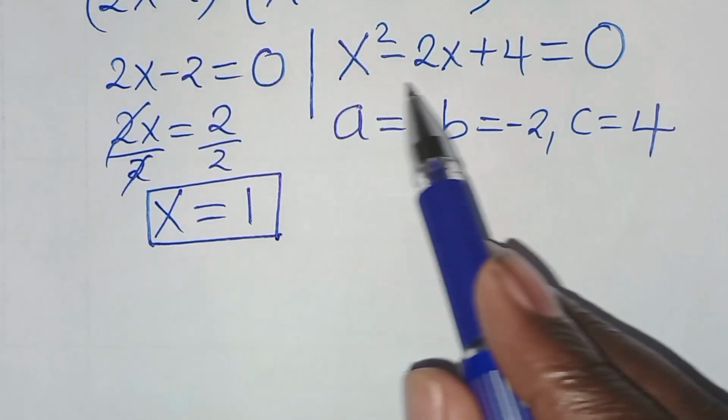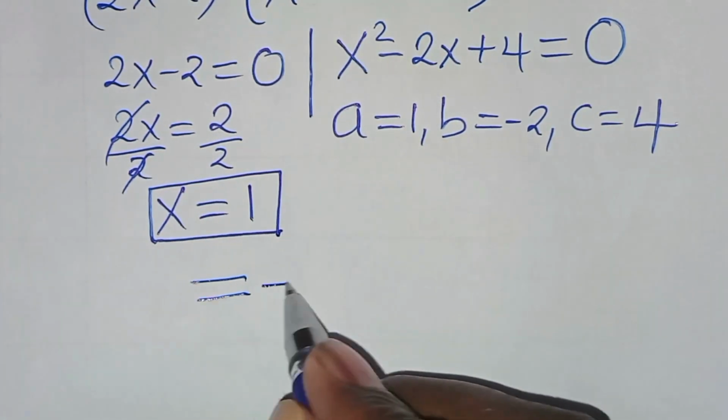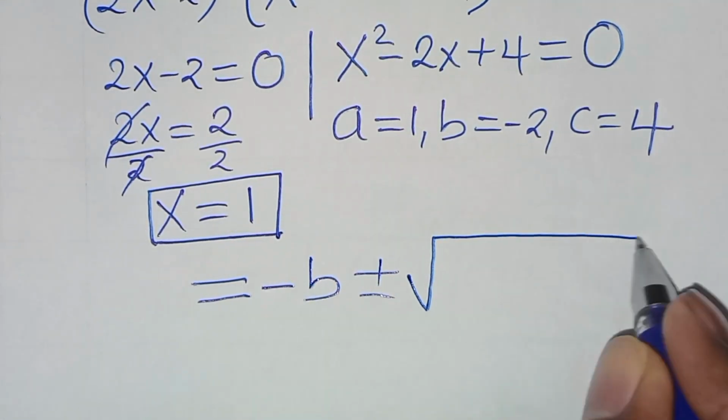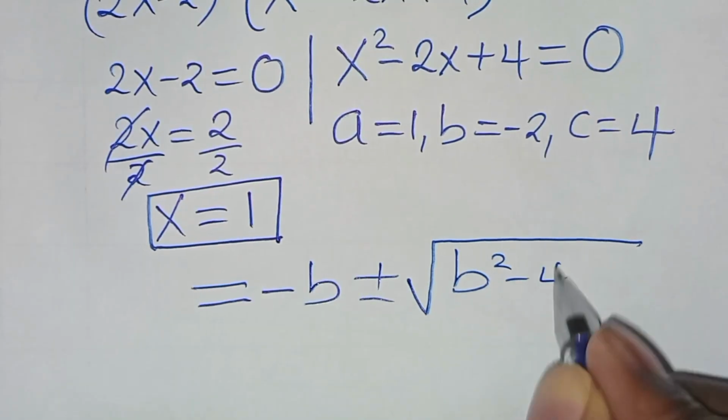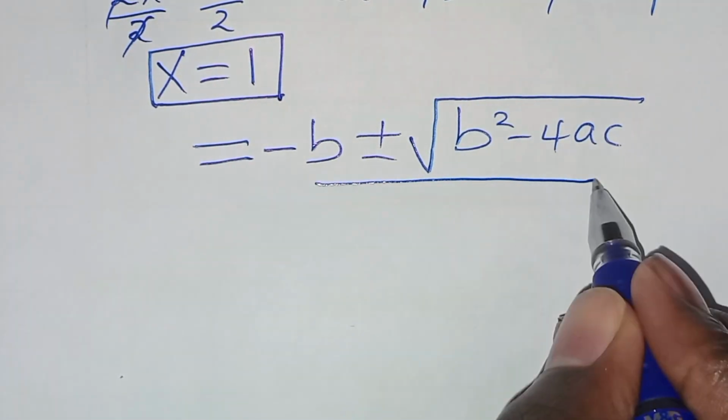Let's apply the quadratic formula to solve for the other values of x: minus b plus or minus the square root of b squared minus 4ac, all divided by 2a.